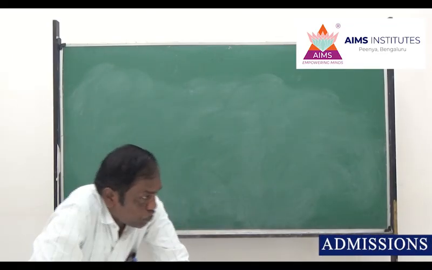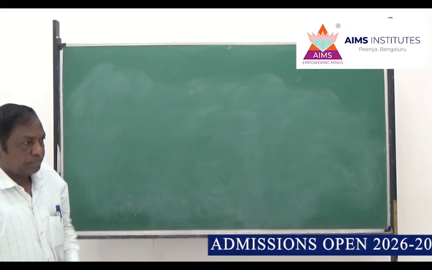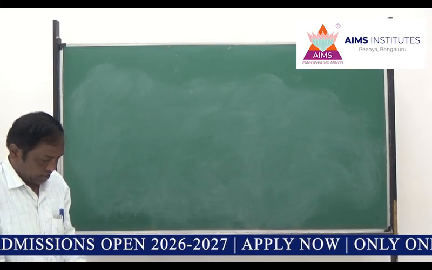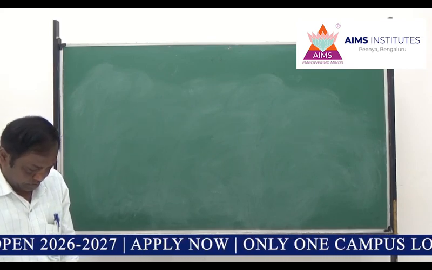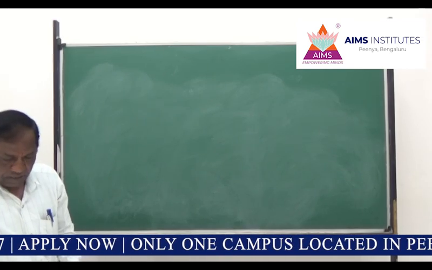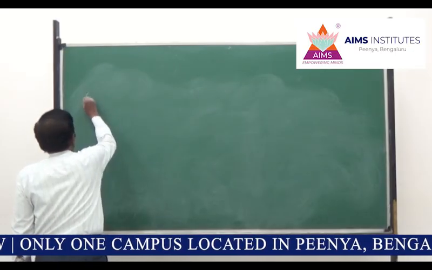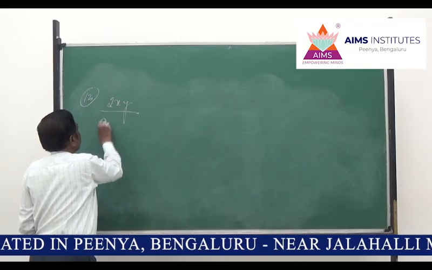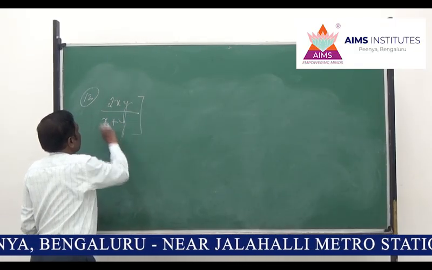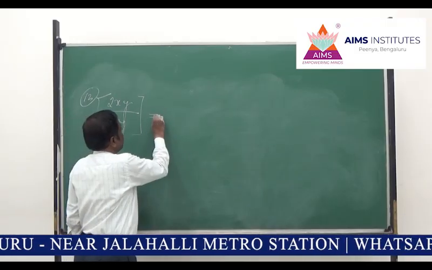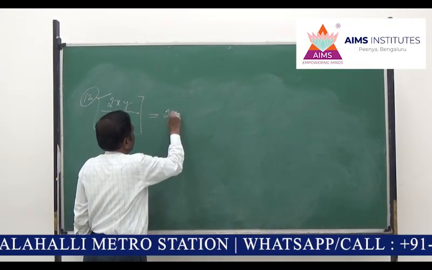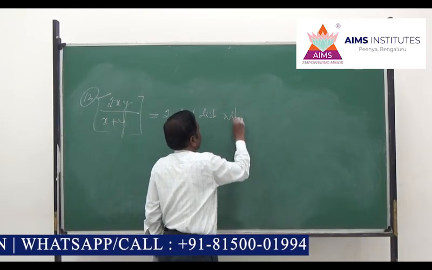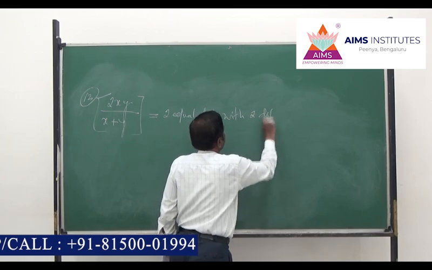Yes, you want the 12th question. The 12th one, right. See, the 12th one, it means two equal distances with two different speeds.